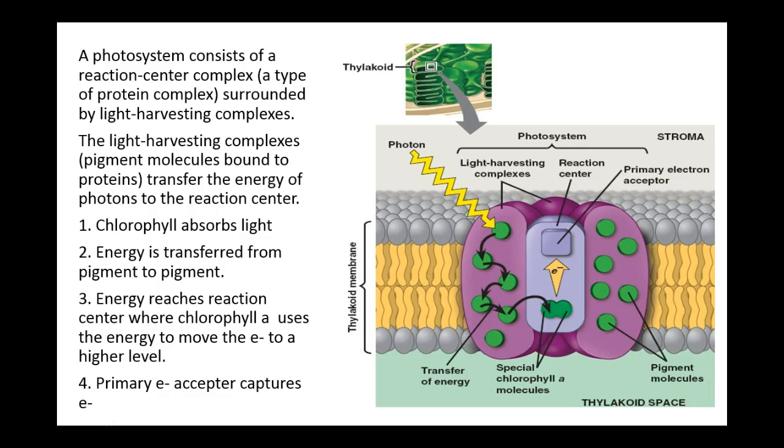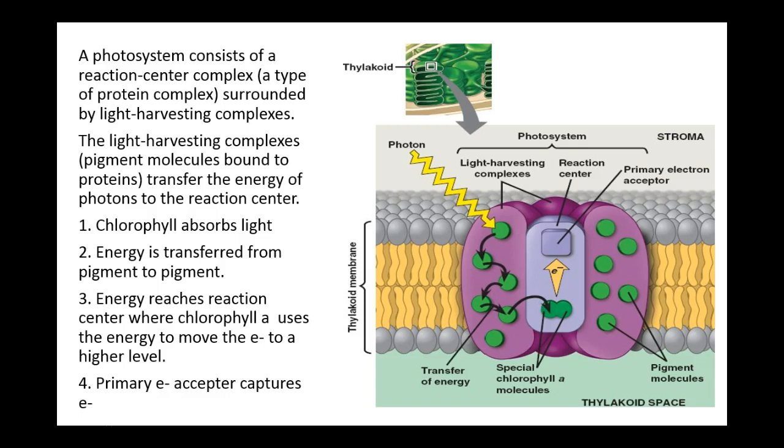The light harvesting complex is pigment molecules bound to that protein, and the light harvesting complexes transfer the energy of the photons to the reaction center.